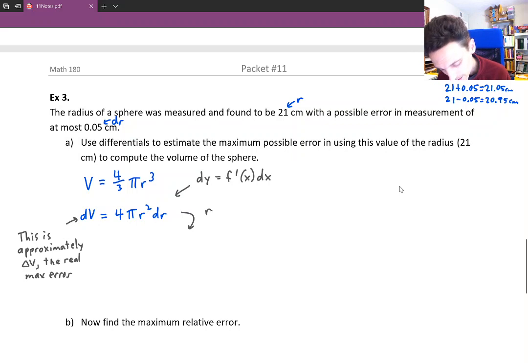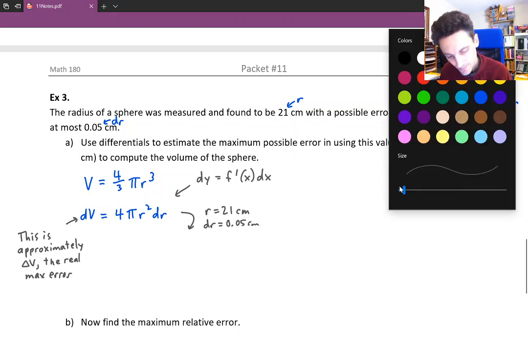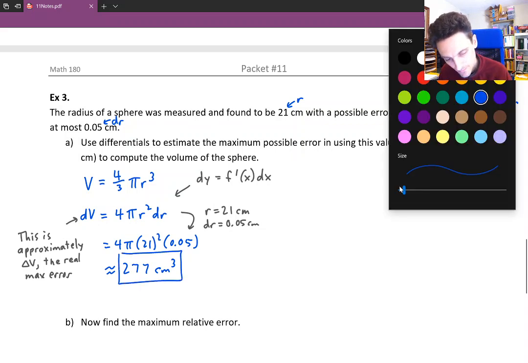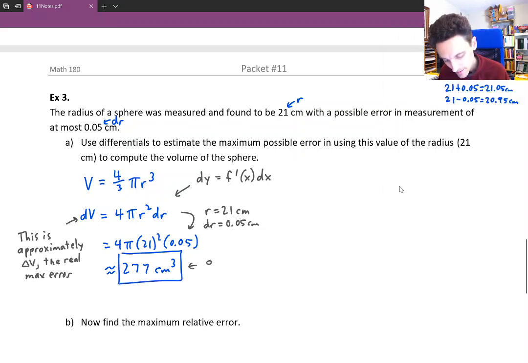So this is plugging in r equals 21 centimeters and dr equals 0.05 centimeters. So we get 4 pi times 21 squared times 0.05, which is approximately 277 cubic centimeters.